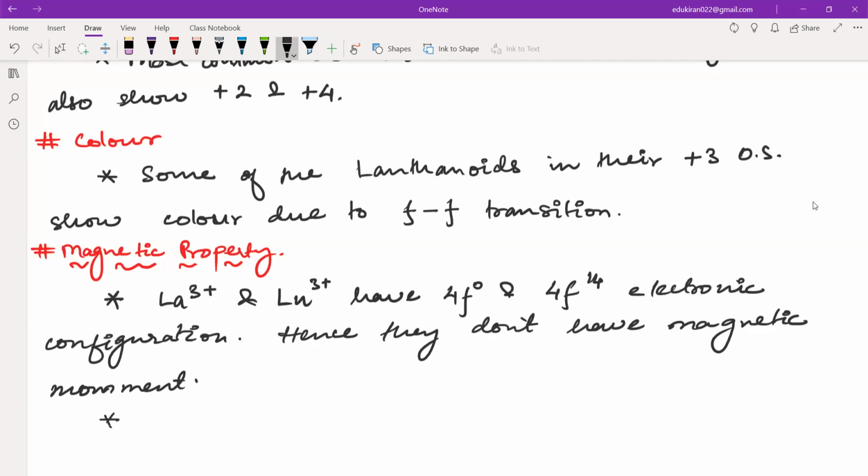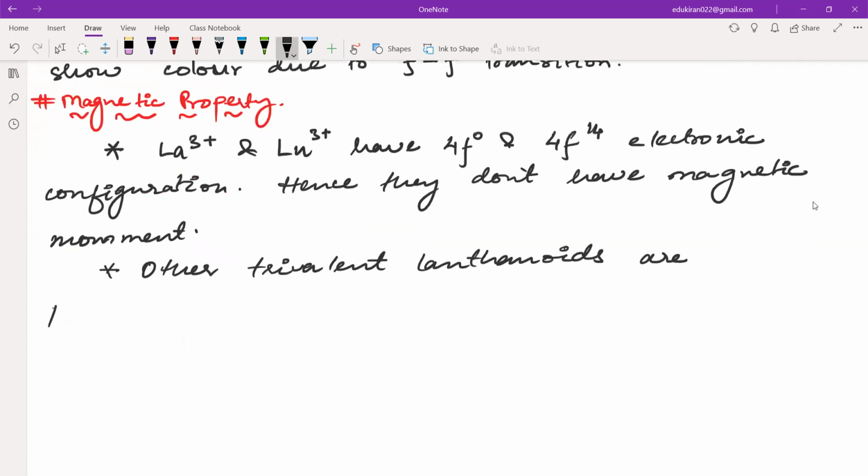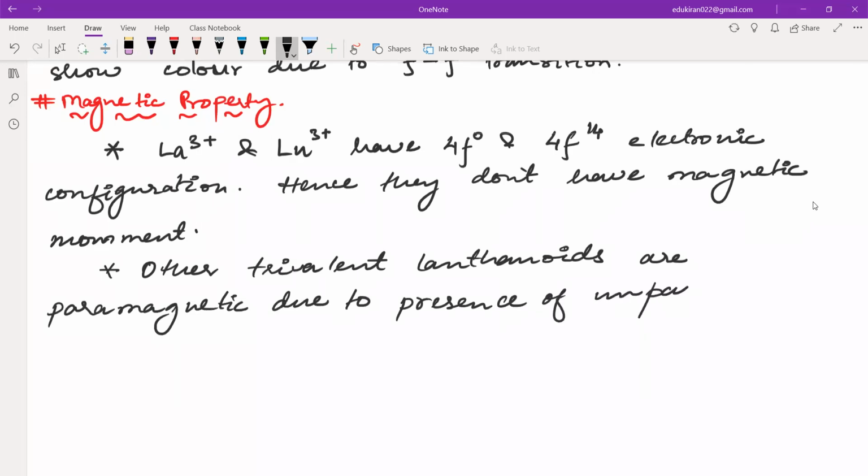Other than that, all the other trivalent lanthanide ions are paramagnetic, due to the presence of unpaired electrons.